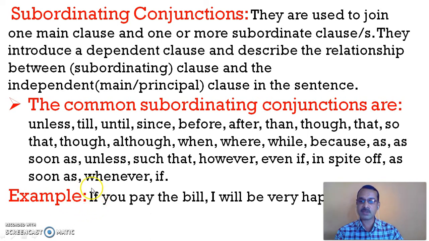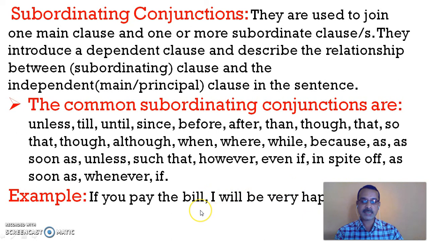In this example, if is a subordinating conjunction. Now this is the subordinate clause because the subordinating conjunction if is written in the beginning of this clause. So this will be our subordinate clause and this is the main clause. If you pay the bill is the subordinate clause and I will be very happy is the main clause.